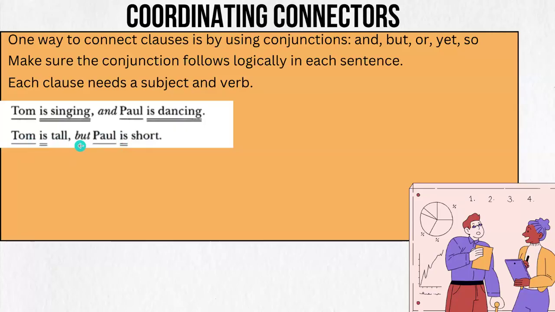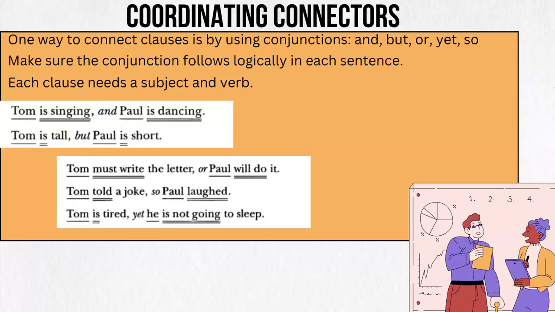The connector is correctly used because but shows a contrast. One is tall, but the other is short. I shouldn't use the connector and in this case, because this sentence is showing contrast, is showing opposites.